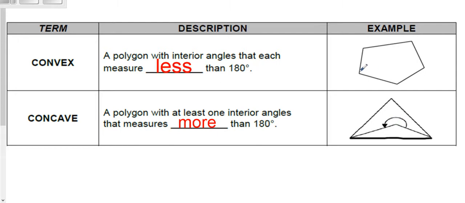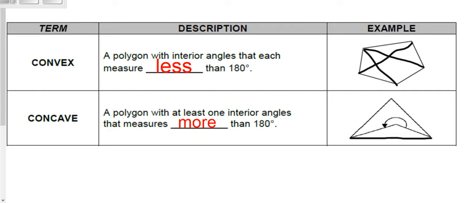Whereas on a convex polygon, if you go from any endpoint to another vertex, you stay inside the polygon like this. So there are several ways of figuring out whether it's convex or concave. Concave, it's caved in, or if you go from an endpoint to another one and you're outside of the interior of the figure, that's concave. You'll be classifying some of those later.